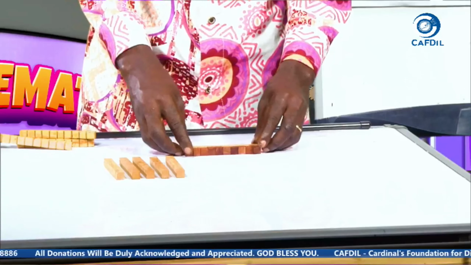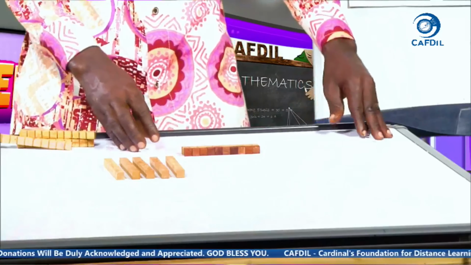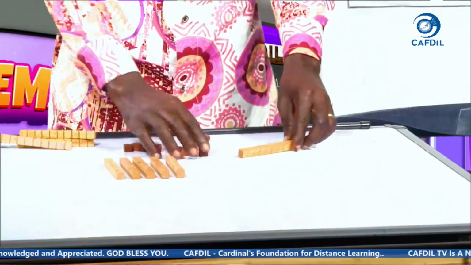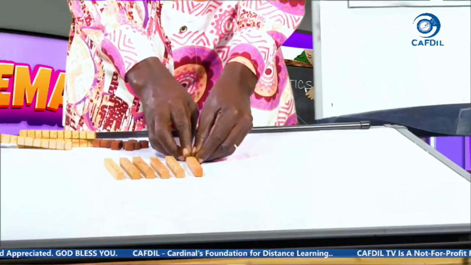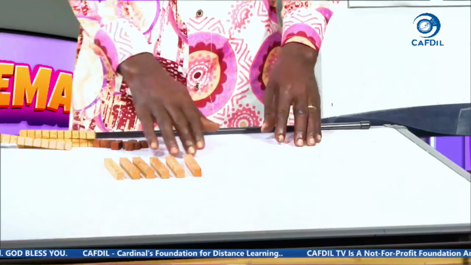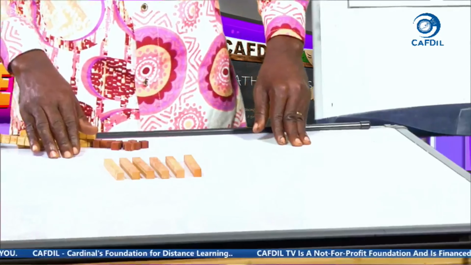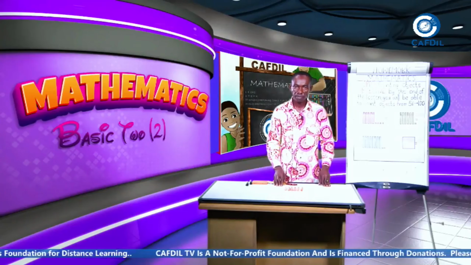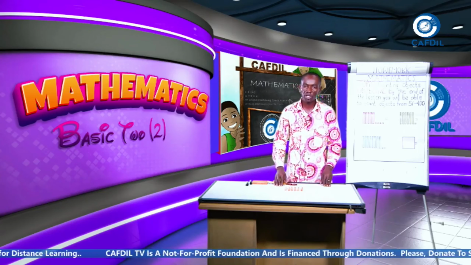Since 1 long is the same as 10 cubes, I can take the 10 cubes away and then replace them with 1 long, and I still have 60. Let's continue counting.